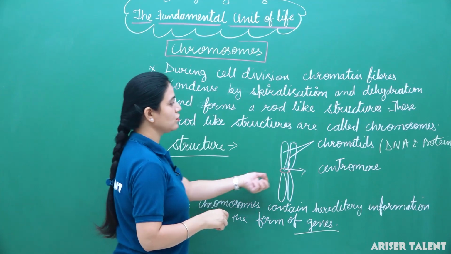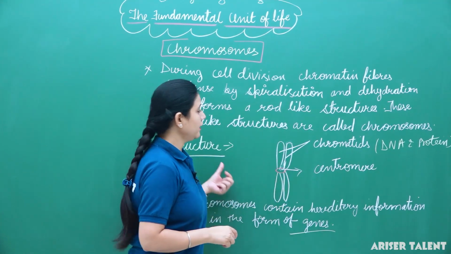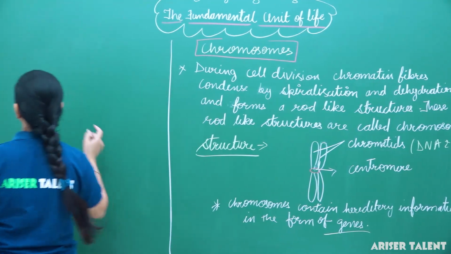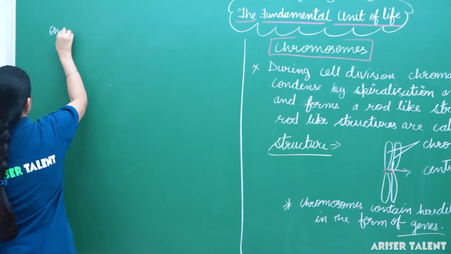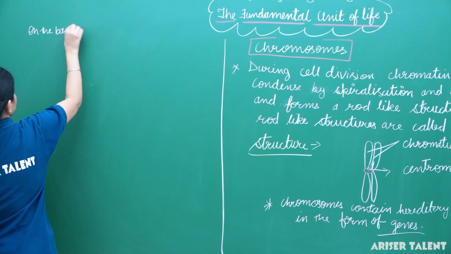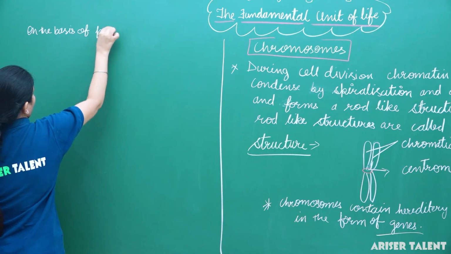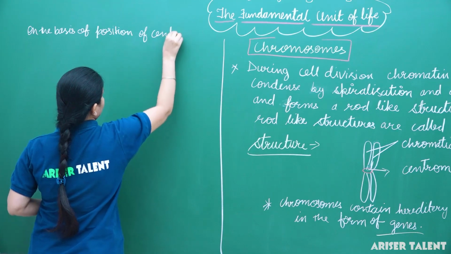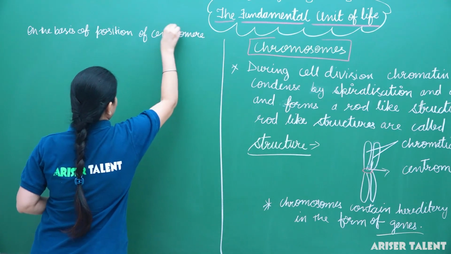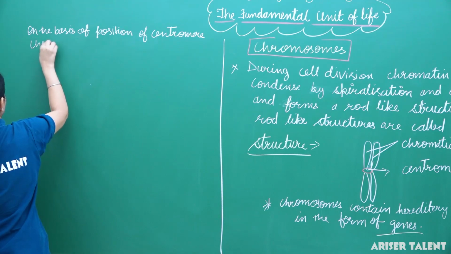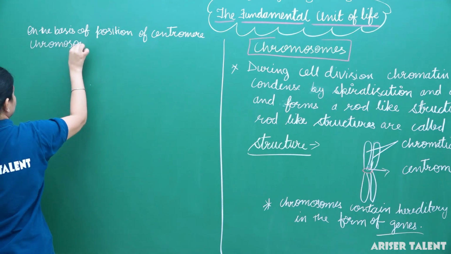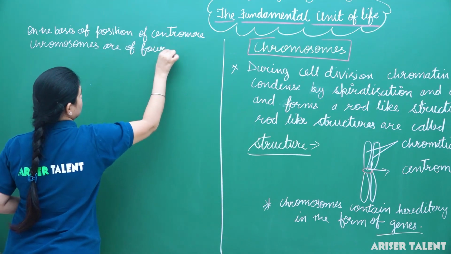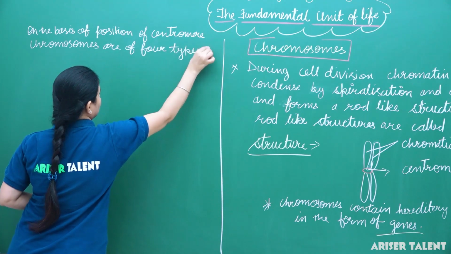Now, on the basis of the position of the centromere, generally chromosomes are of 4 types. Here we can mention: on the basis of position of centromere, chromosomes are of 4 types. What are they?